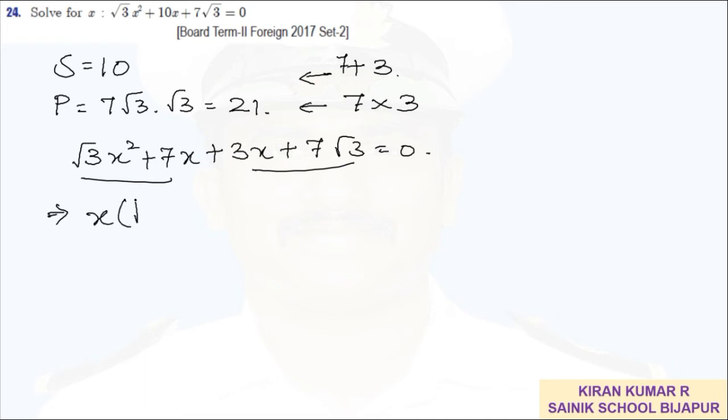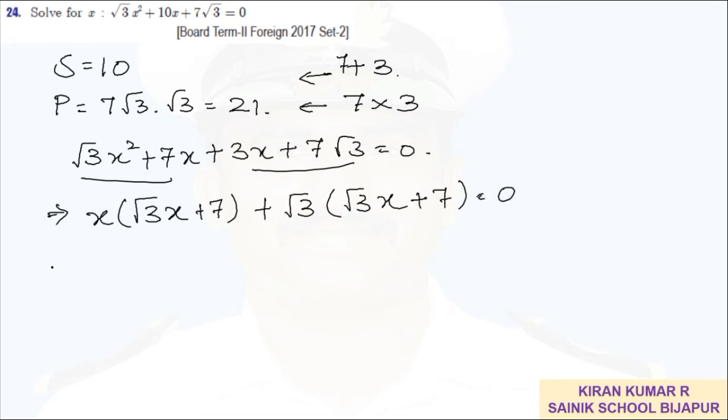I'll write root 3x plus 7 plus, in these two there is a root 3 common, so root 3x plus 7 equal to 0. You must have understood this. 3 is nothing but root 3 multiplied by root 3, so one of the root 3 is taken out, root 3 remains.